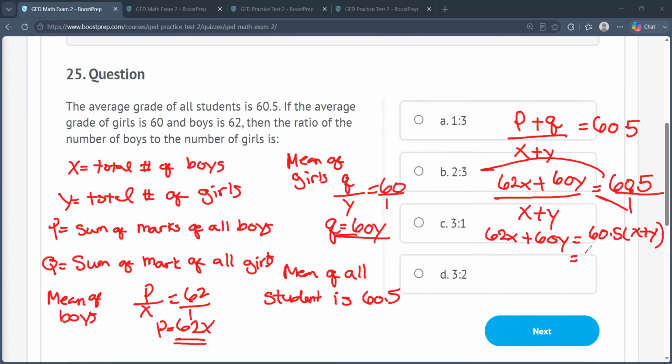So it's going to be 60.5x plus 60.5y. And then on the left is 62x plus 60y.